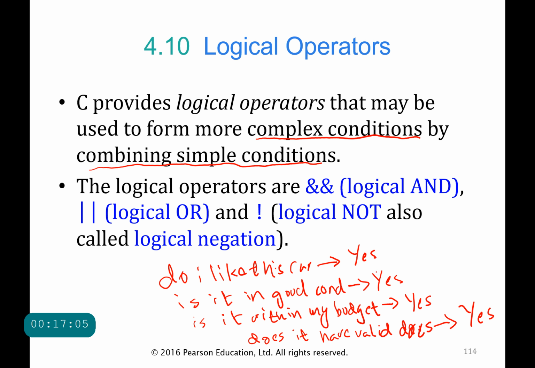Now, your decision is based on all these four factors. Generally you would have to have, do I like it? Yes. And is it in good condition? And is it in my budget? And does it have valid documentation? So these are all four conditions that need to be satisfied.